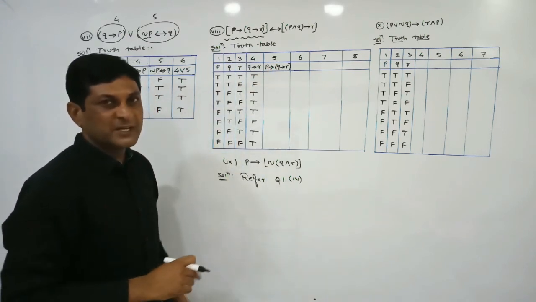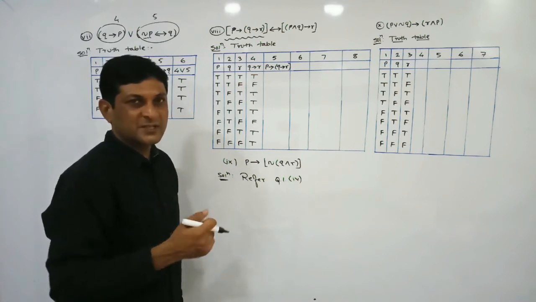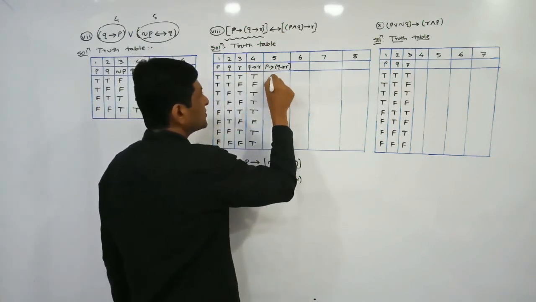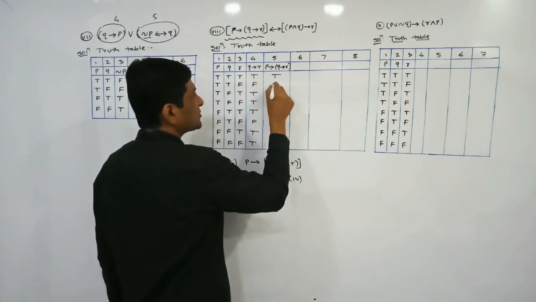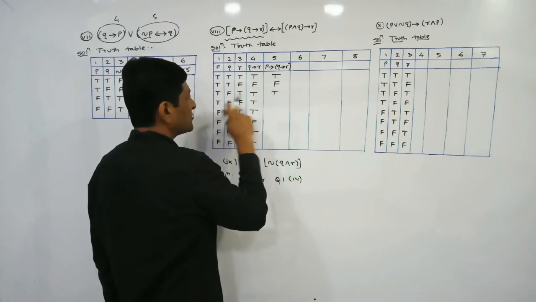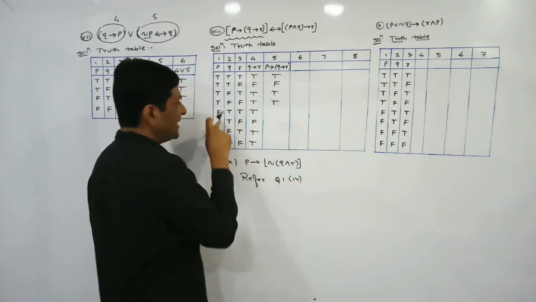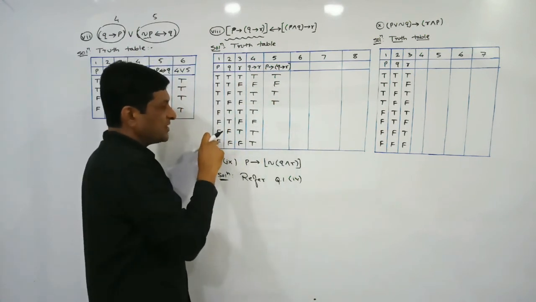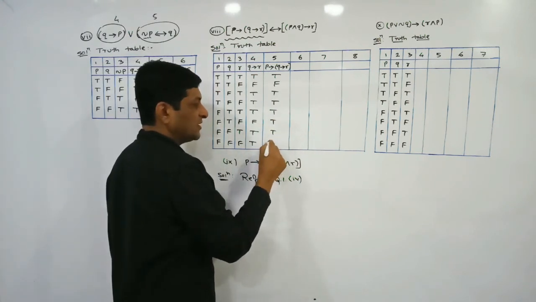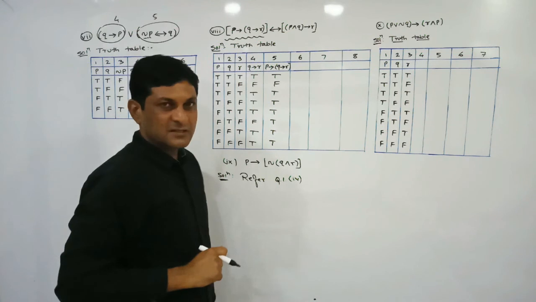Again in case of implication we know that if the first is true and the second is false, at that time implication is false. Here TF does not appear, so true. Here TF appears, so false. Here TF does not appear, so true. Here also TF does not appear, so true. And in case of implication, if the first statement is false, implication is always what? True. It is not necessary to check the truth value of the second statement.